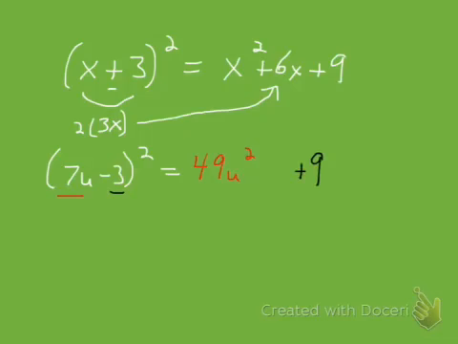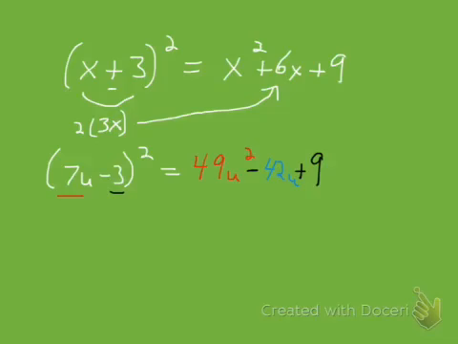This is plus, but then the minus comes here for the middle term. Okay, what did we say to do for our middle term? We said to multiply these two, the 7u and the 3. So 7u times 3 would be 21u, and then multiply it times 2. So 21u times 2 would be 42u. Once again, what we did, 7u times 3 times 2.